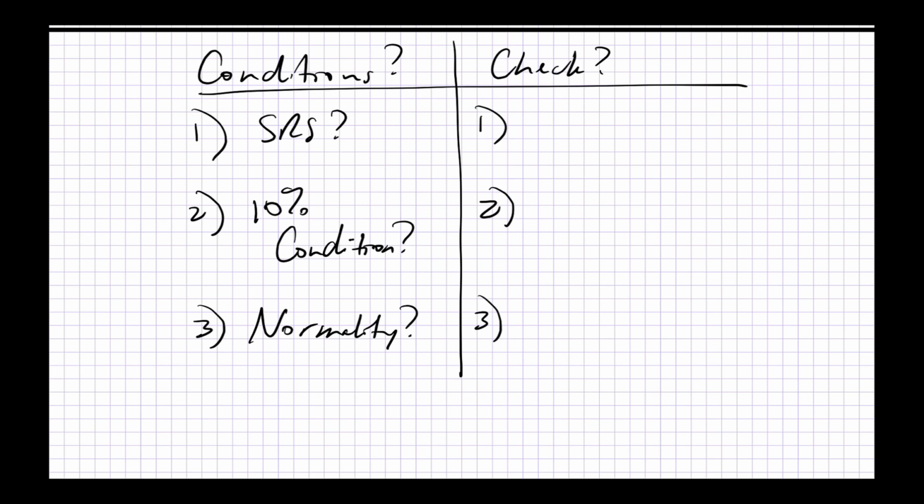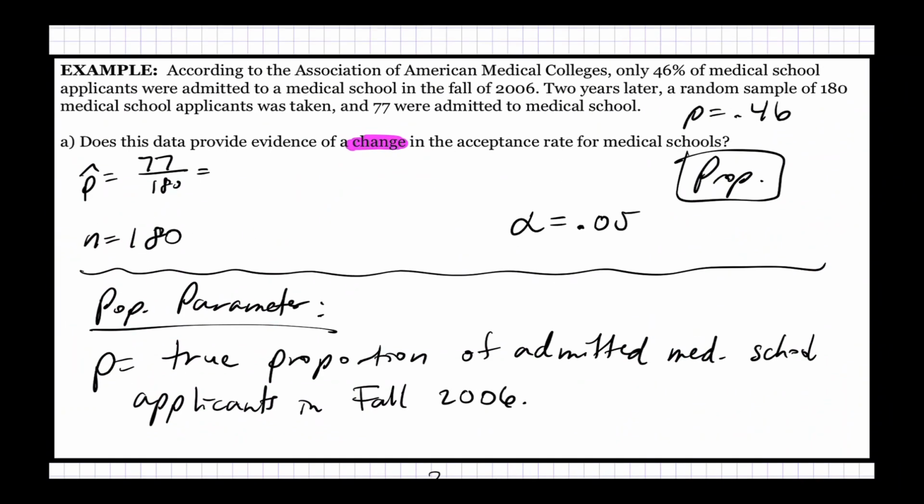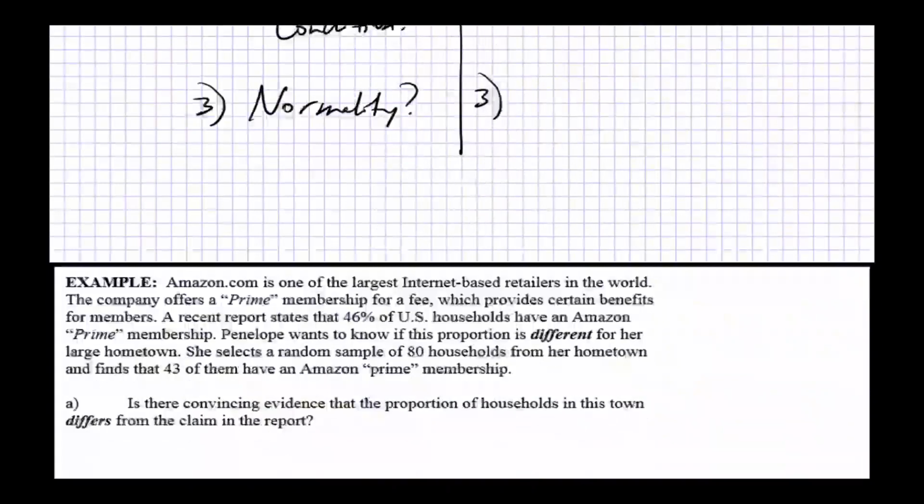So the random sample of 180, it says it was a random sample, so we're good there.